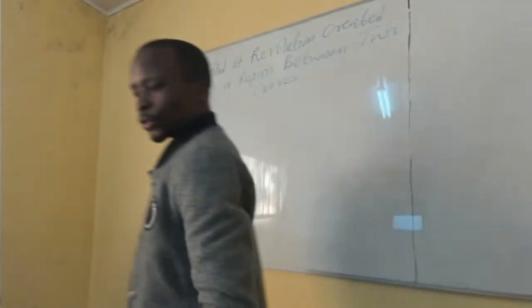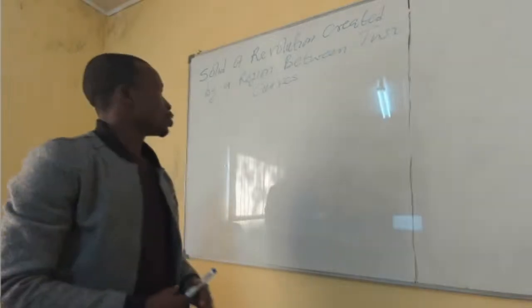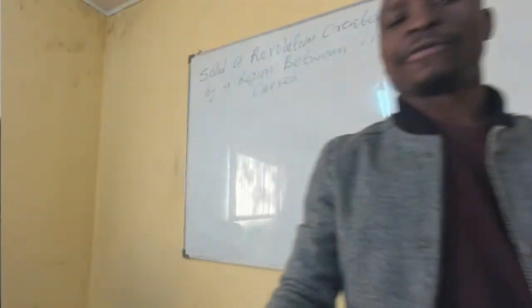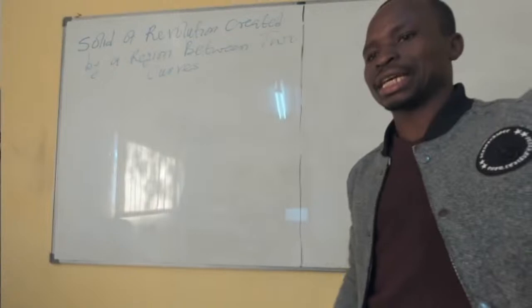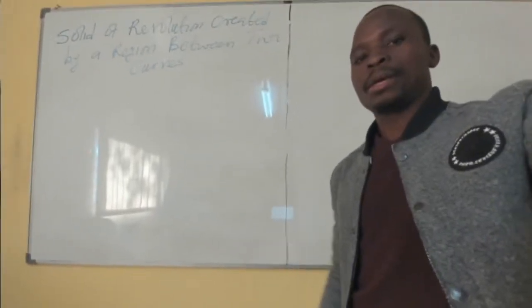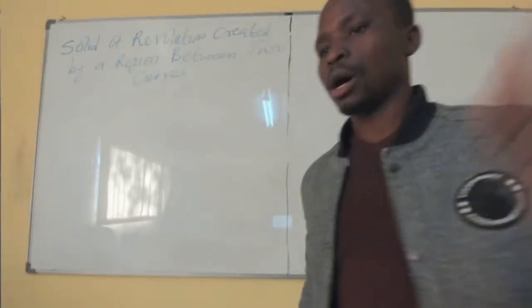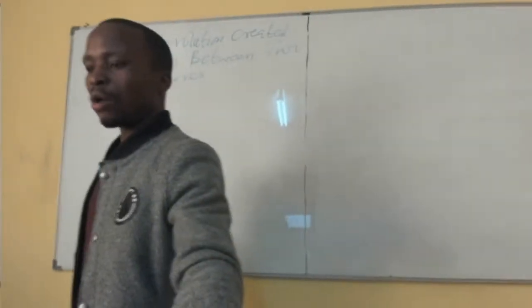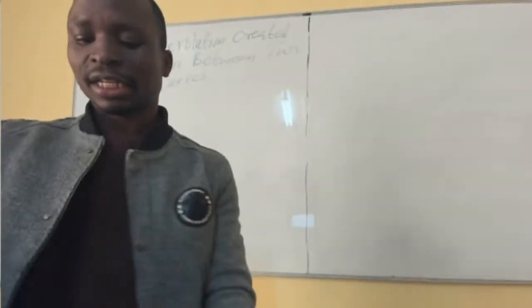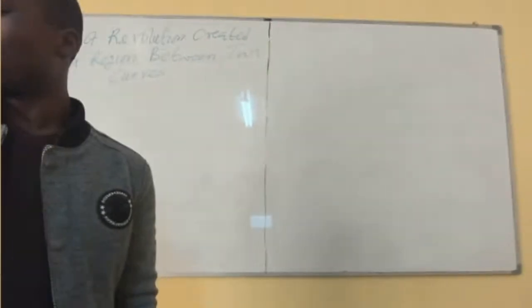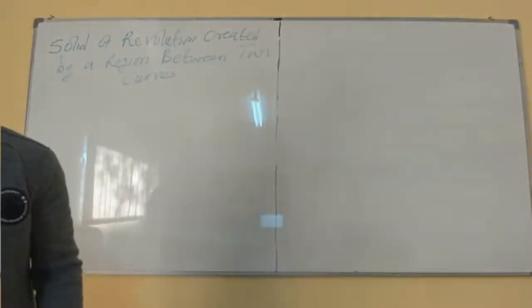So let's look at a situation now where we have this solid of revolution that has been created by two curves. How can we handle such a situation? The question is, how can we solve it?